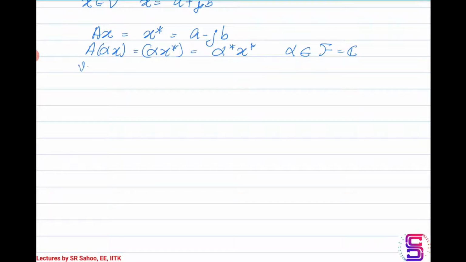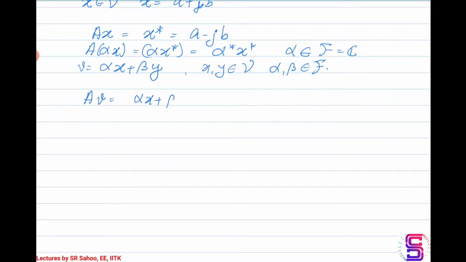Now consider vector V. It's a linear combination of x and y. So x, y belong to the vector space and alpha, beta belong to the corresponding field. What is AV? A acting on the vector V is nothing but the conjugate of this entire thing.